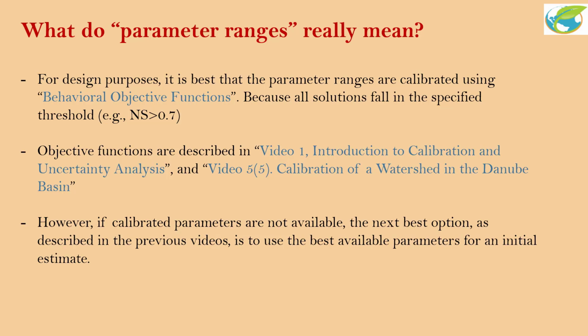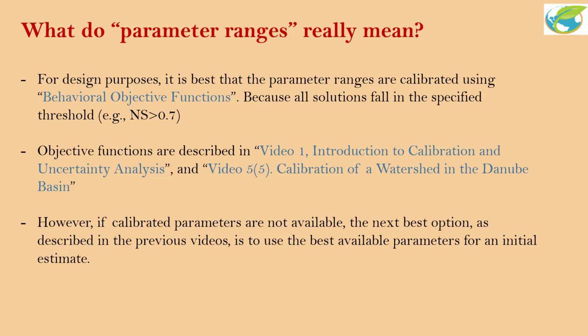Now, for design purposes, such as the example I'm going to give you now, it is best to use parameter ranges that are calibrated. Because in previous examples, I said there are times that you can use uncalibrated parameter ranges that you obtain from literature and so on. But in this example, when you want to design a parameter, the best is to have parameters that are calibrated and also calibrated using the behavioral objective function.